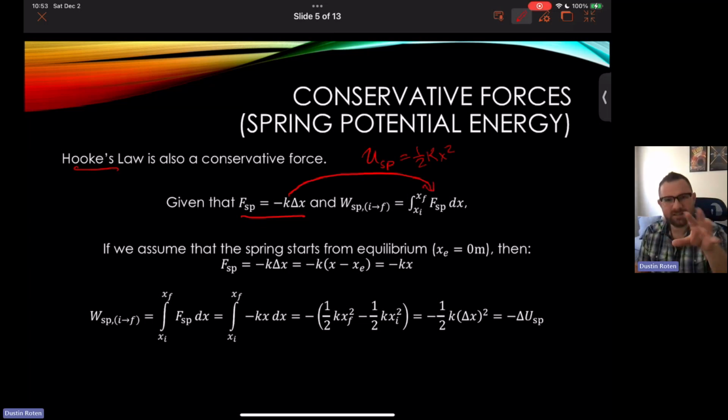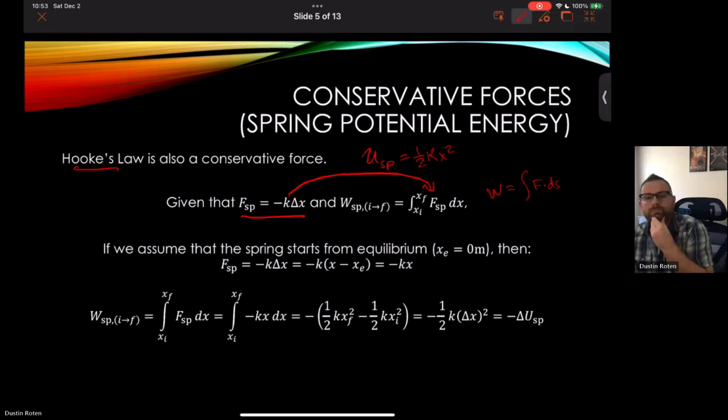It looks a little cluttered here, so I'm just going to write work equals the integral of F ds. This extra notation is just saying that we're moving the spring from some initial position to a final position. We're going to plug in that force. We can make it a little easier.